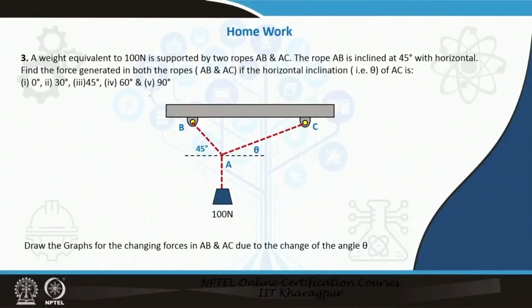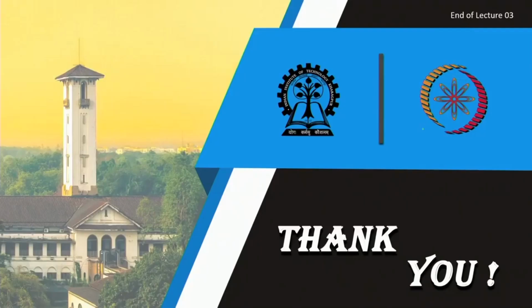So what will be the force nature, and try to draw a graph for the changing force in AC by virtue of the angle. Suppose you take a graph and this is the angle theta. For various angles, you can plot the changing pattern of the forces because of this changing of angles. And thank you very much.